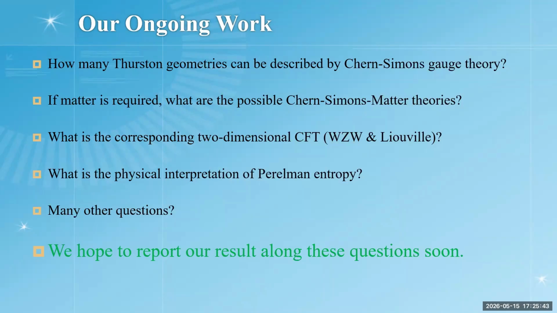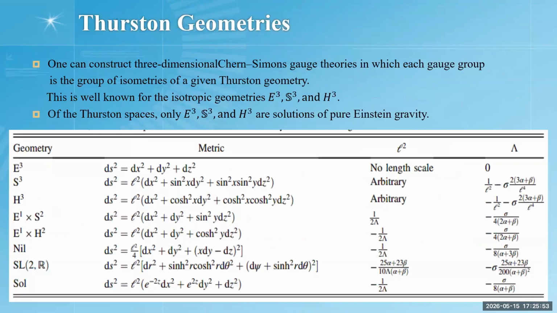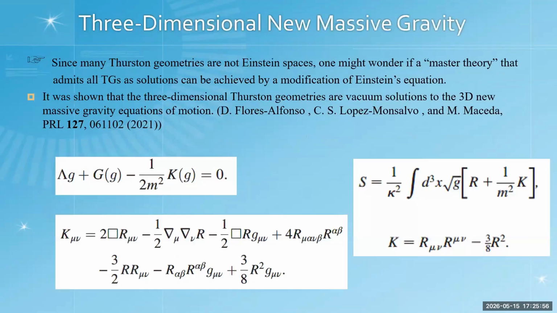You said that this Thurston geometry satisfies the higher curvature action. The question is that this action is quite special, because the coefficient of each scalar is chosen, and then only for that coefficient.